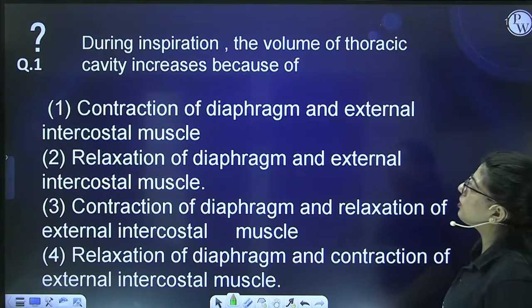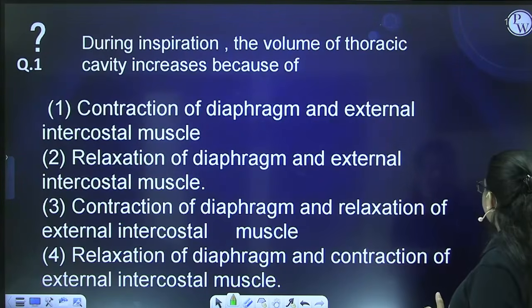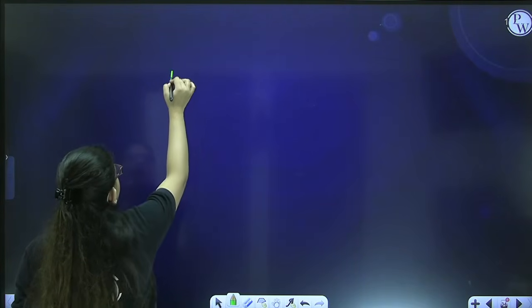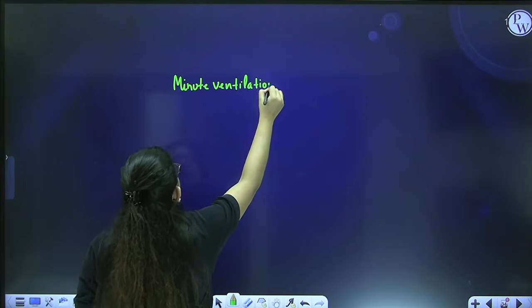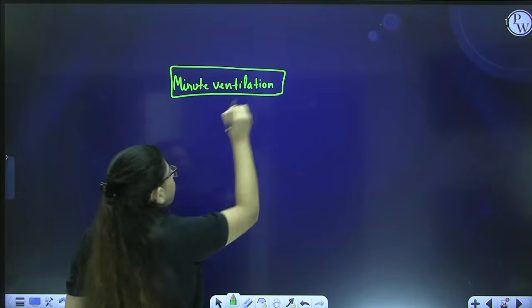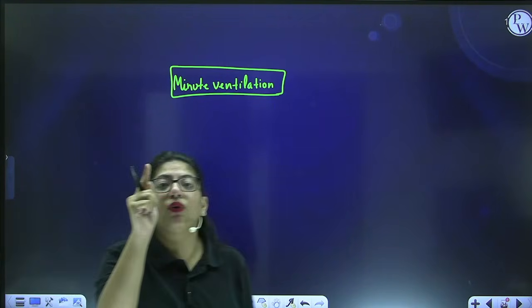Before starting the question, let me explain one more topic, and that is pulmonary minute ventilation. What is minute ventilation? It is how much amount of air you have breathed, or how much ventilation you have done in 1 minute.